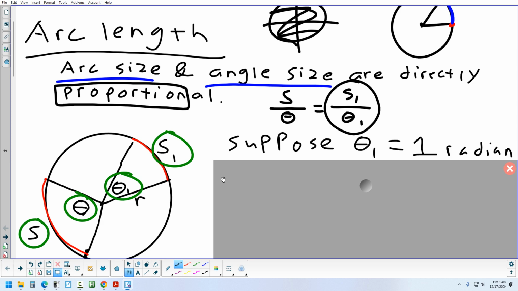If theta 1 is 1 radian, then it automatically makes this arc, S1, the same size as something else. That's going to be the fact that we know is true. Does anybody remember if this angle is 1 radian, then this arc is automatically the same length as what?